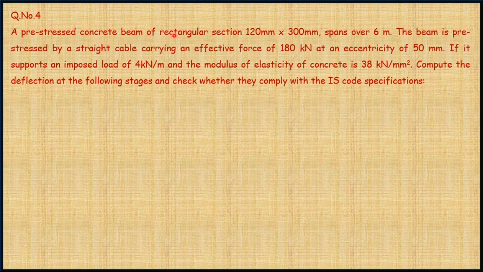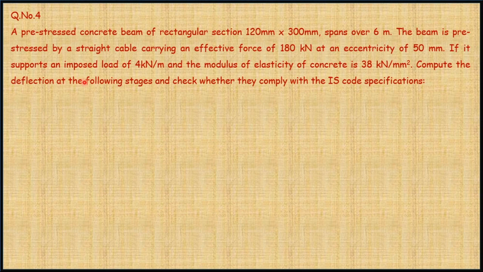Question number 4. A pre-stressed concrete beam of rectangular section 120 mm by 300 mm spans over 6 meter. The beam is pre-stressed by a straight cable carrying an effective force of 180 kilonewton at an eccentricity of 50 mm. If it supports an imposed load of 4 kilonewton per meter and the modulus of elasticity of concrete is 38 kilonewton per mm square.